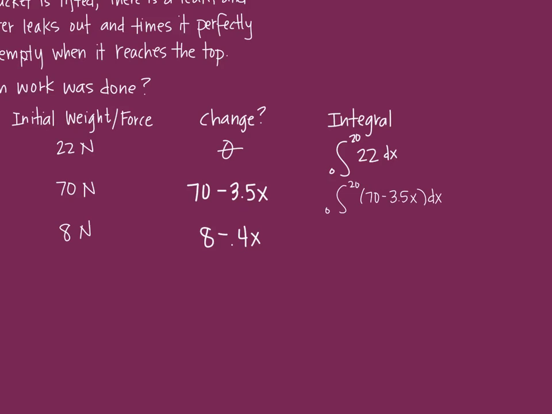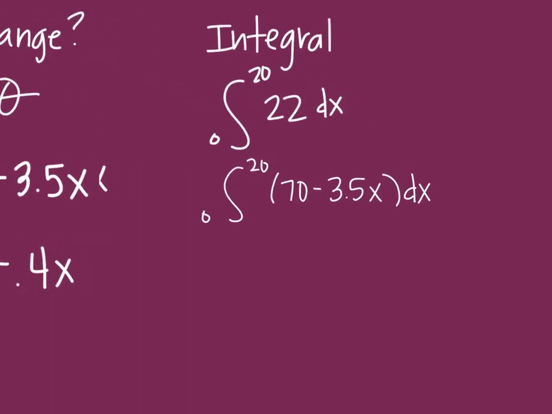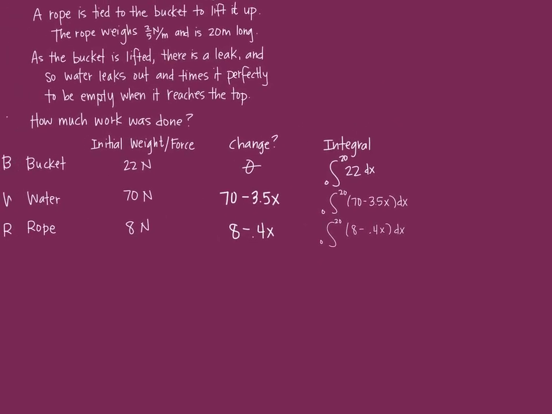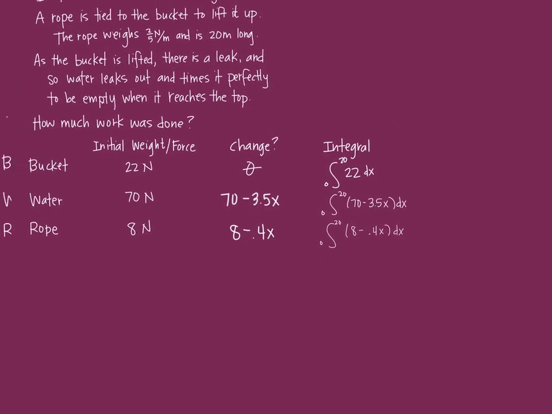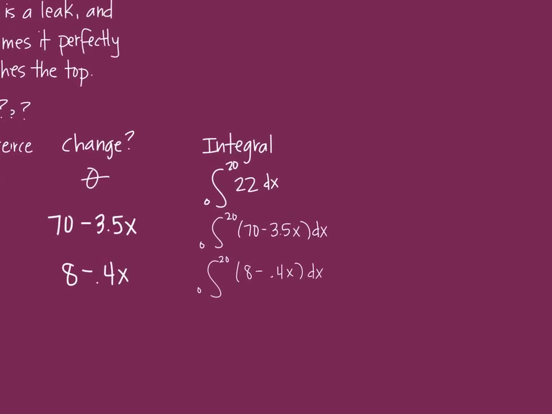That's Newtons per meter, which is the rate. So we need an integral for that: the integral of 8 minus 0.4, or 2/5, dx. So rather than try to figure out one big equation that's going to cover everything, just look at each individual component and come up with an integral for them independently.